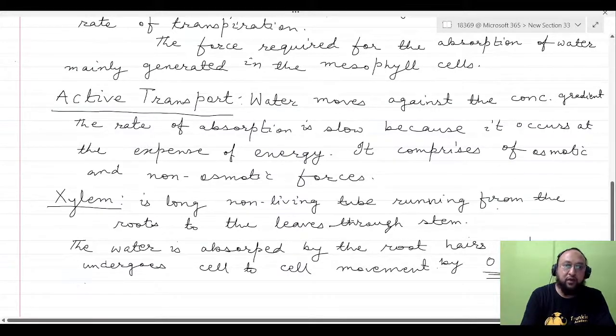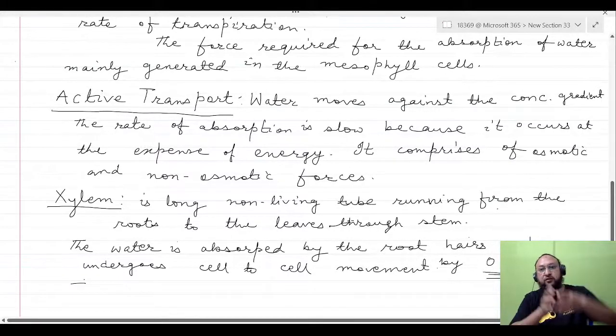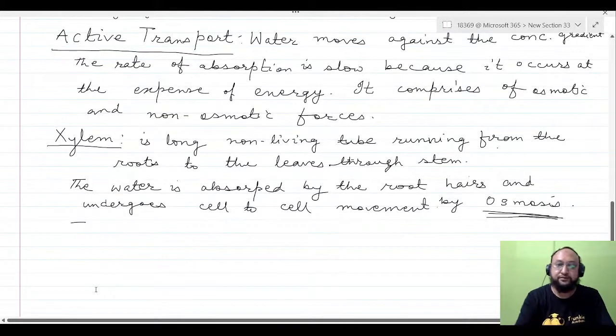Once the water is absorbed like this, for example, this is the root and this is the branch of the roots. I will draw the diagram. This is the main root and this is the branch, and the root hairs are present. This is the soil.